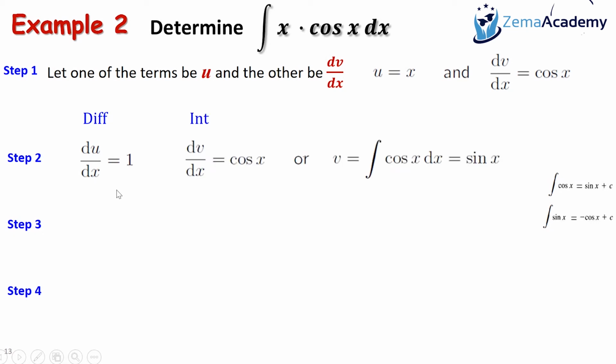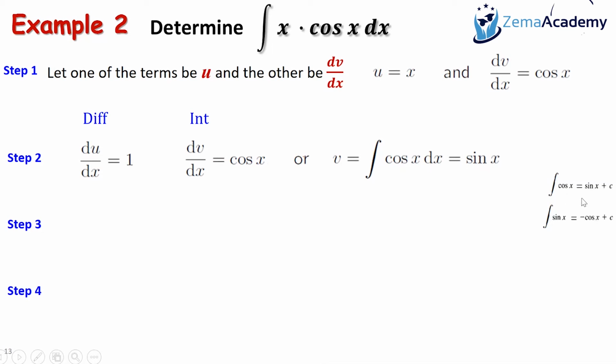So du by dx is 1, du is equal to dx. And if I use dv by dx equals cos x and I integrate this dv, my answer will be v, and integral cos x dx, the answer is sin x.